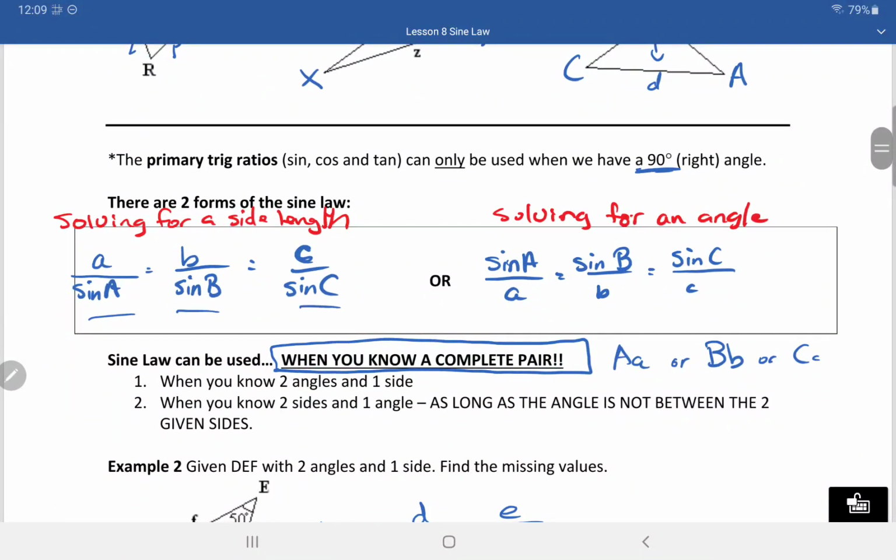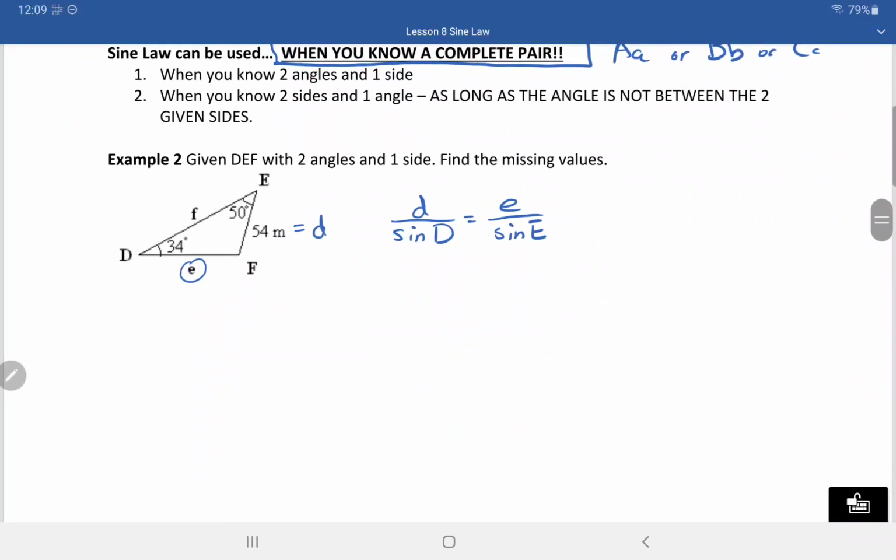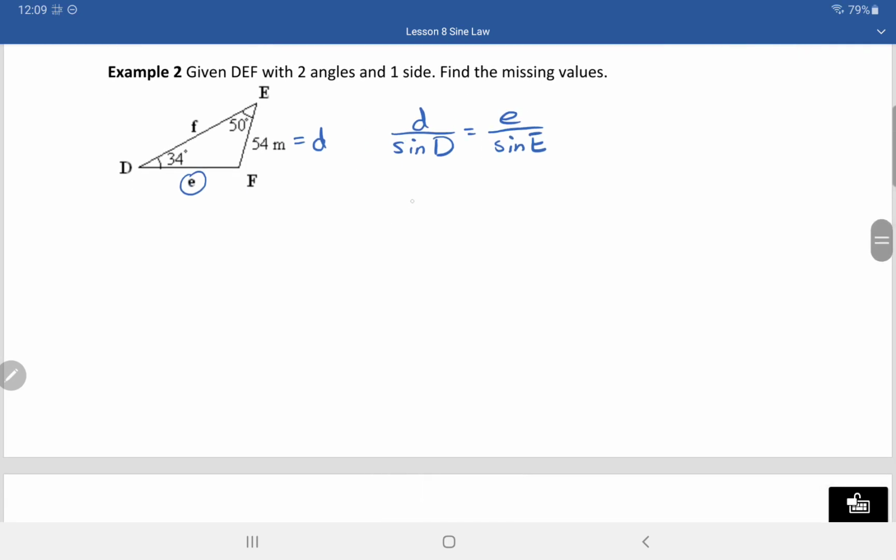But you actually only use two at a time. So we're not going to do F yet because we actually don't know anything about F just yet. We're going to solve just D and E first. Let's fill in what we know. So the side length d is 54 over the sine of angle D, which is 34.